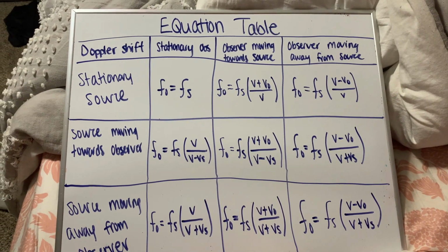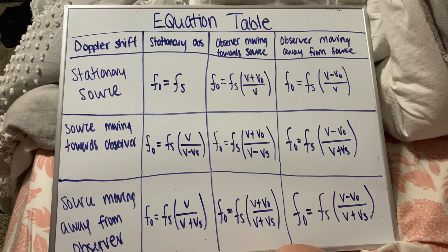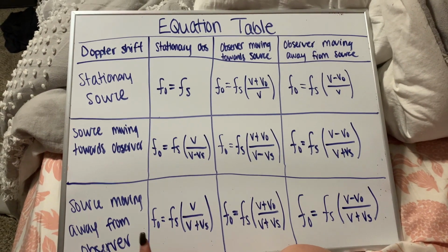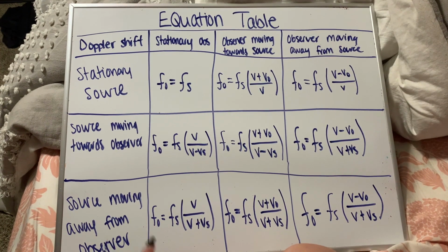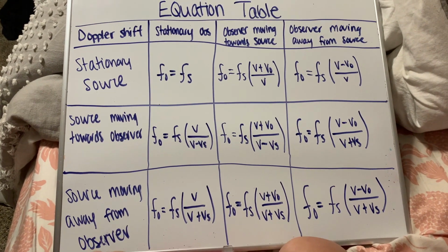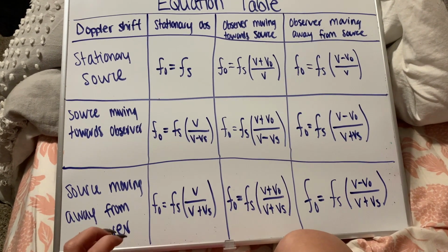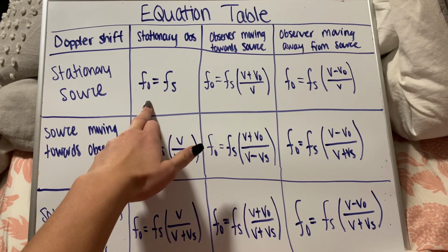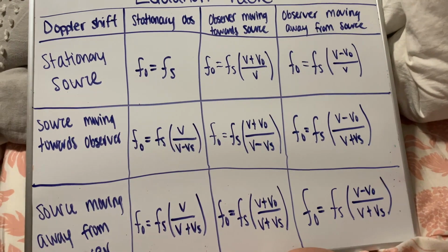Okay, this looks pretty overwhelming, but it's just the equation I gave you right before this, broken down depending on the position of the observer or the source. So if there is a stationary observer and a stationary source, the frequency of the observer equals the frequency of the source.